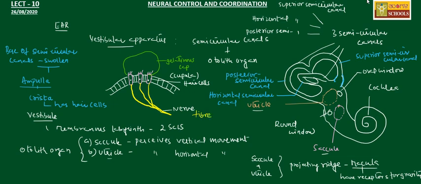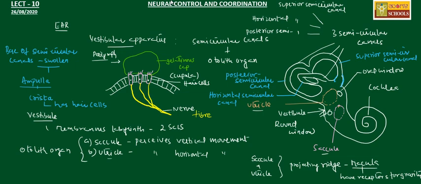Here is the vestibule part. Inside, the vestibule and the semicircular canals are all filled with a fluid called perilymph. The movement of that perilymph moves the gelatinous cap, and when the gelatinous cap moves it bends the hair cells.